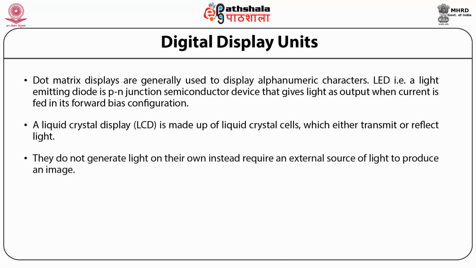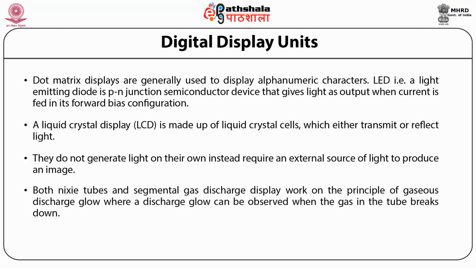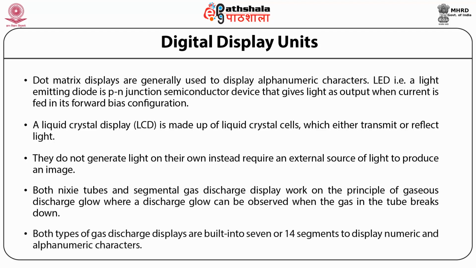They do not generate light on their own, but instead require an external source of light to produce an image. Both Nixie tubes and segmental gas discharge displays work on the principle of gaseous discharge glow, where a discharge glow can be observed when the gas in the tube breaks down. Both types of gas discharge displays are built into 7 or 14 segments to display numeric or alphanumeric characters.